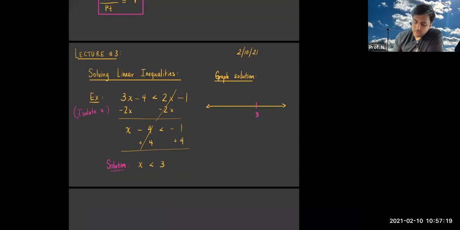So that means I'm going to put an open circle around 3, and I'm going to shade everything to the left of 3. So that's one way to express my solution graphically. I can also express my solution in interval notation. That's another common way. So what would be the interval notation?